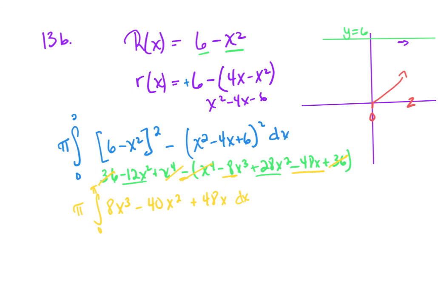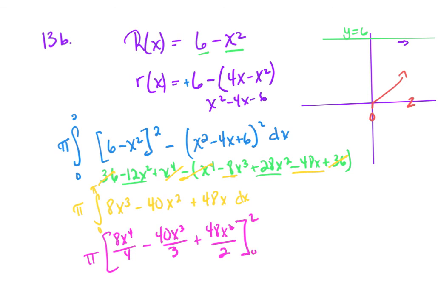The antiderivative is then going to be 8x to the 4th over 4 minus 40x cubed over 3 plus 48x squared over 2 from 0 to 2.